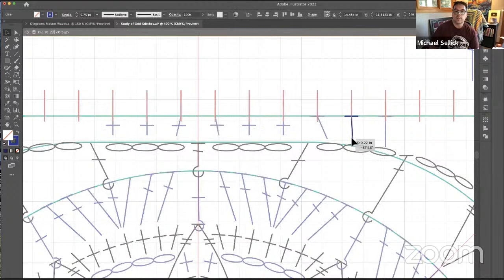So the goal is to have the top layer equally spaced from each other, and just point the bottoms to where they need to go.